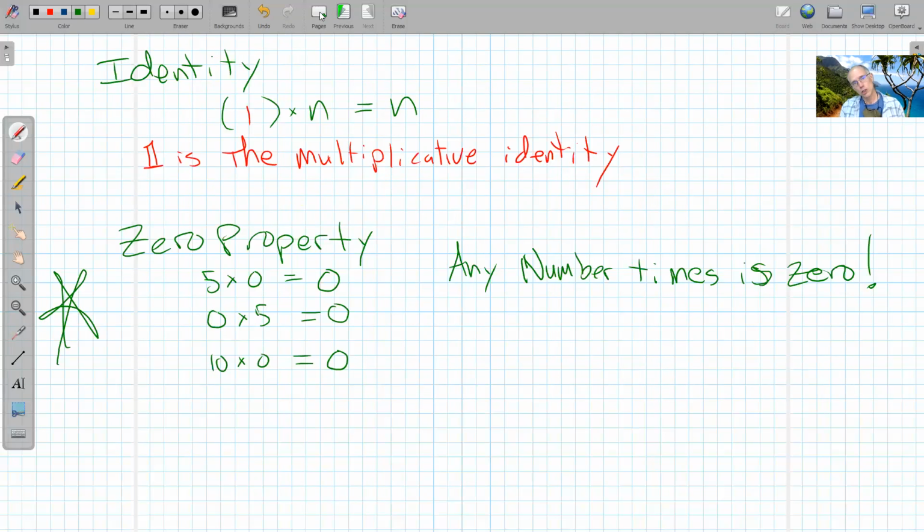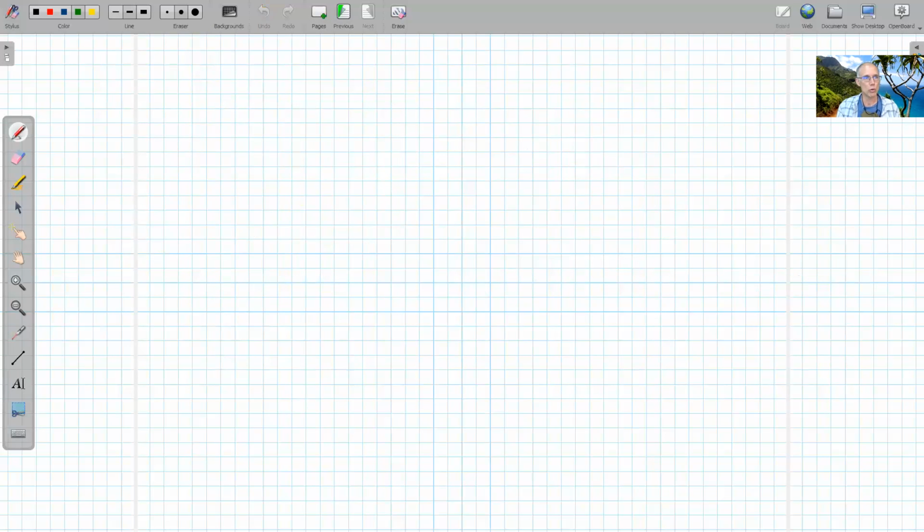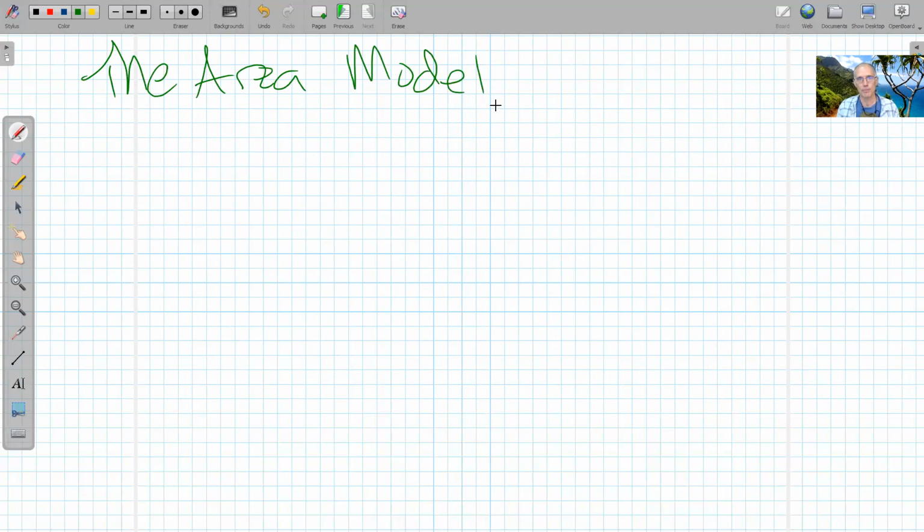And then I'm going to return for a moment to the area model to demonstrate another property. What I want to look at here is 3 times 6 as an area. So let's see, there's 3.